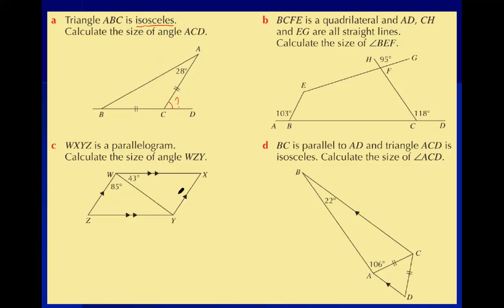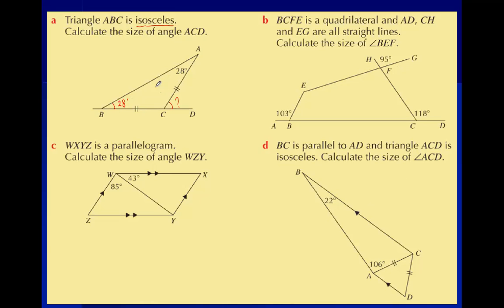How do we do that? The first thing we do is, because we've got an isosceles triangle, I know that this is 28. All angles in a triangle add up to 180.